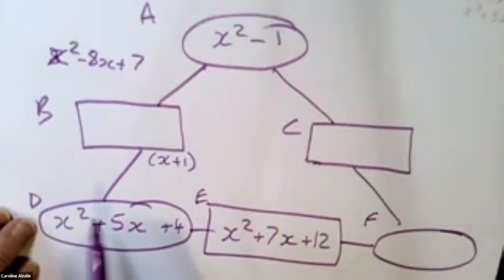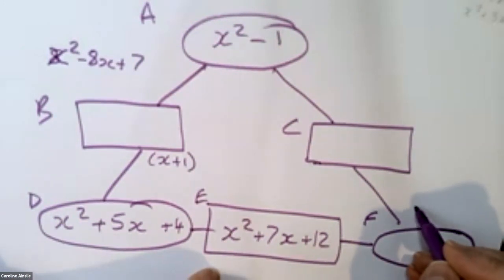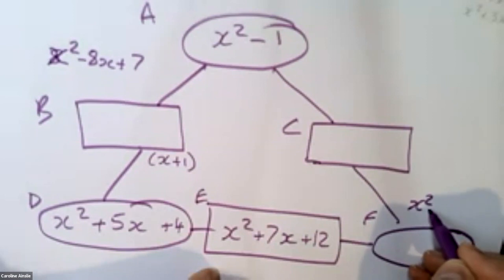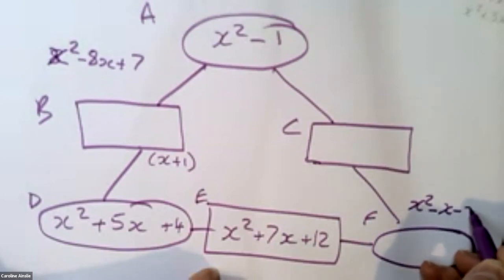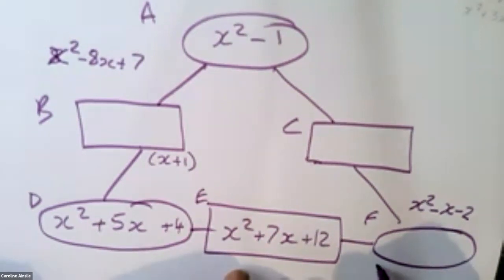That's for B, and for F, I've got x squared minus x minus 2. So the two expressions that we've got there, B is x minus, what the expression that's been suggested.